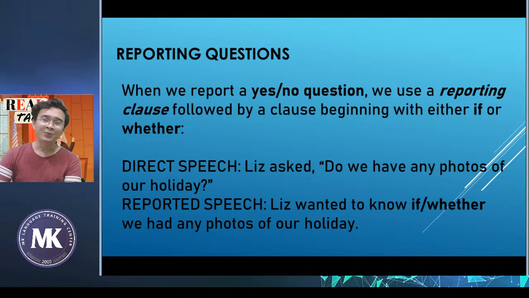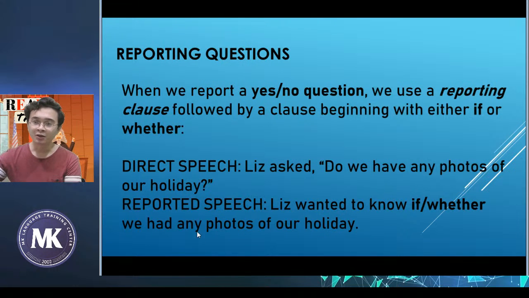For example, we have for the direct speech, Liz asks, do we have any photos of our holiday? Now, this question is a yes or no question, right? And if you want to turn this into reported speech, we can say Liz wanted to know if or whether. You can use either one, just choose one of them. We had any photos of our holiday.